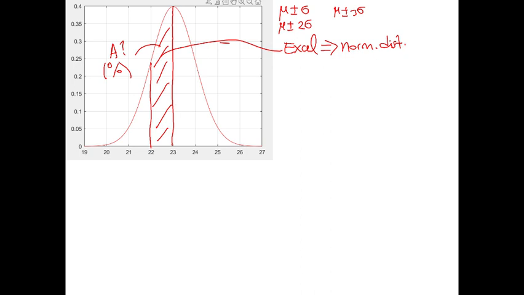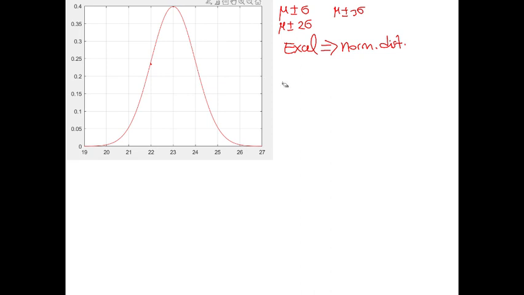So what does this function do? This function in Excel calculates the area of this curve. It starts from negative infinity to the point that you specify.